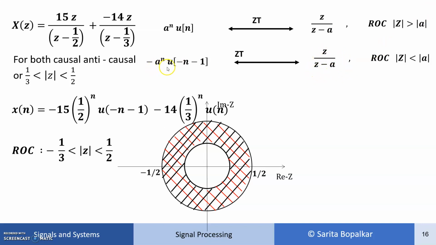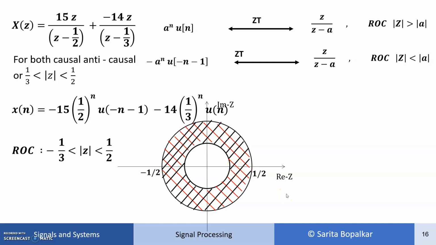So the inverse is minus a raised to n u of minus n minus 1. This indicates your sequence is a left-sided sequence, that is for the negative values of n. So it is anti-causal. In the third case, we are using both the formulas. For the lowest value, mod z greater than the lowest value, and for the highest value of root, mod z less than that highest value. So the ROC will be a ring between greater than the lowest value and less than the highest value.